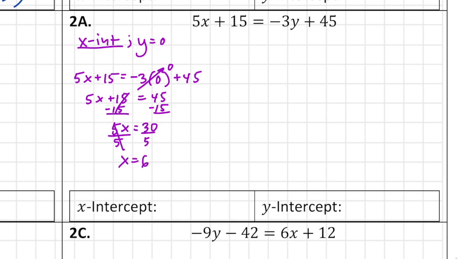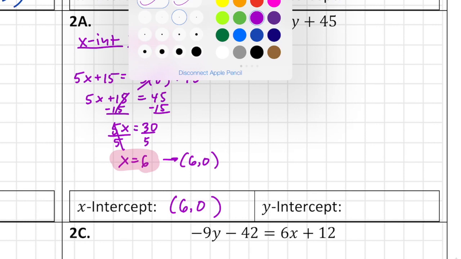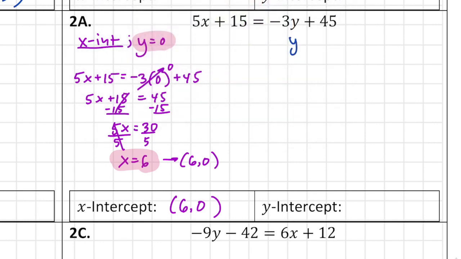Now recall, I said that my y was equal to 0. I found my x is equal to 6. This gives me an ordered pair of 6, 0. Now let's find our y-intercept. Again, our y-intercept is where x will be equal to 0.